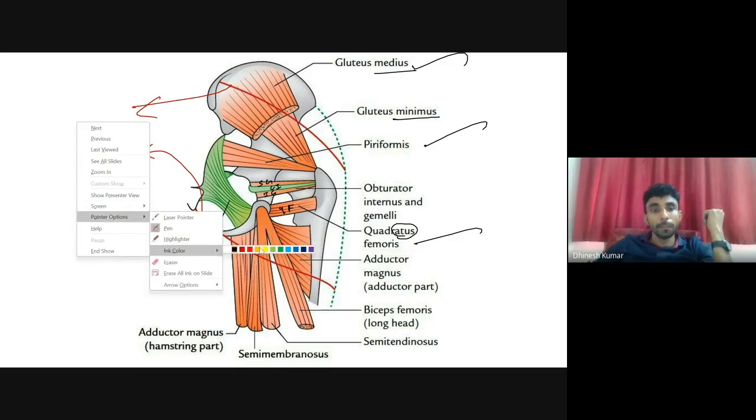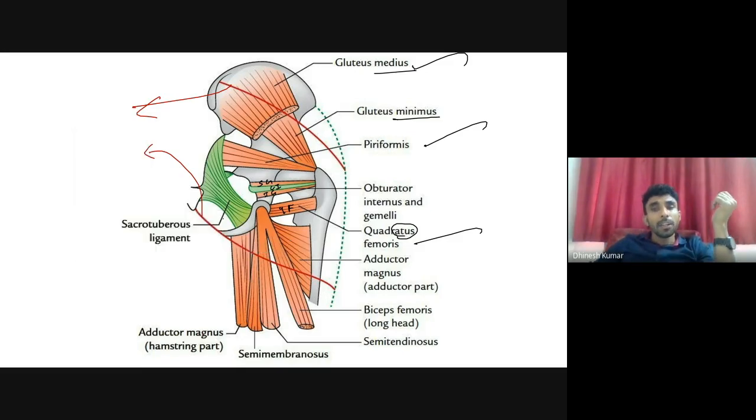And you can see two ligaments under cover of the gluteus maximus. One is the sacrospinous ligament, this one. Another one is the sacrotuberous ligament.